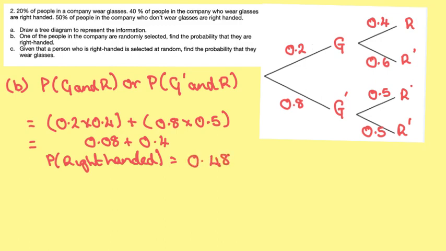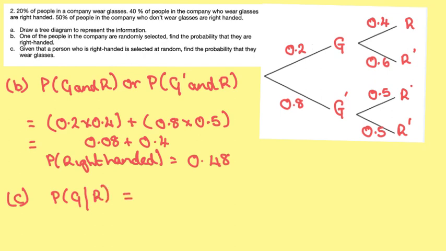0.48. Part C. Given that a person who is right-handed is selected at random, find the probability that they wear glasses. So we want to find the probability that they wear glasses given they are right-handed.